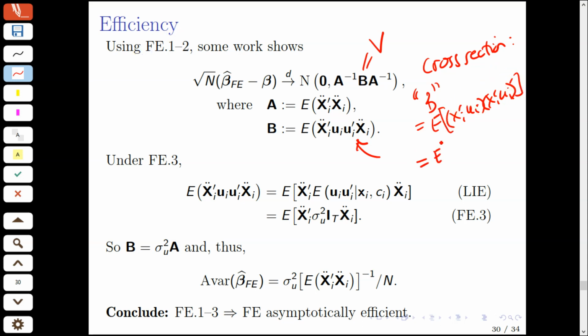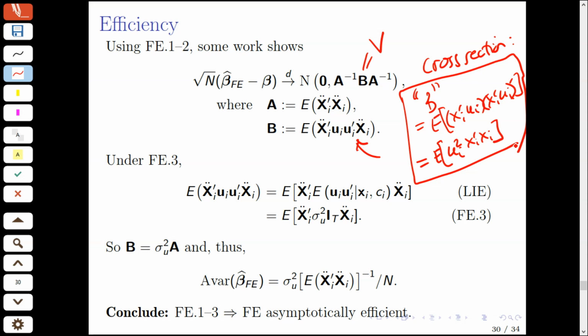Which, since u_i is scalar, just reduces to the expectation of u_i squared, multiplied by the outer product of the regressors. In this case here, we're dealing with a u_i, which is a vector, so we can't just place it wherever. We have to take into account that the different dimensions must match. That is, that these vectors or matrices must be conformable. But from the cross-sectional case, we recognize the same structure.